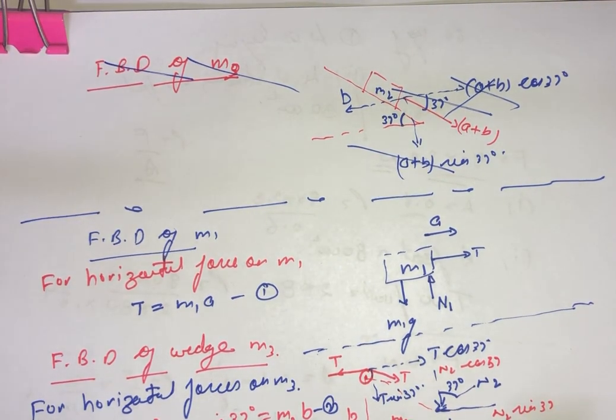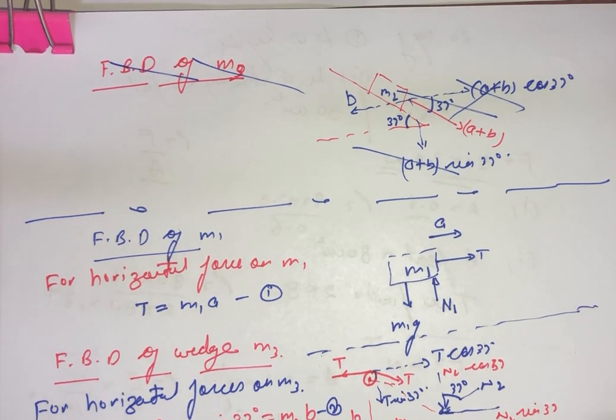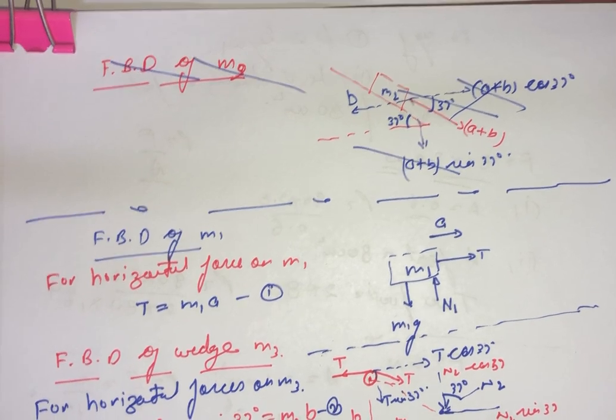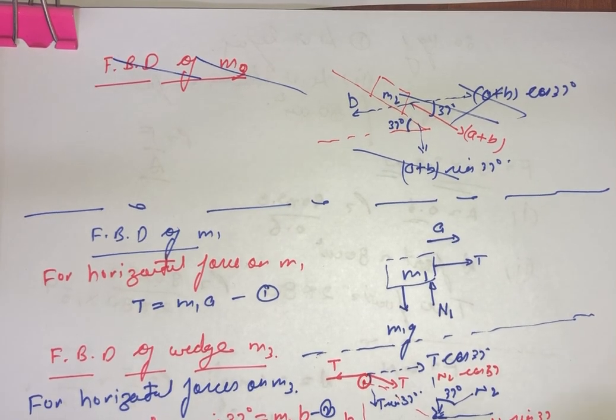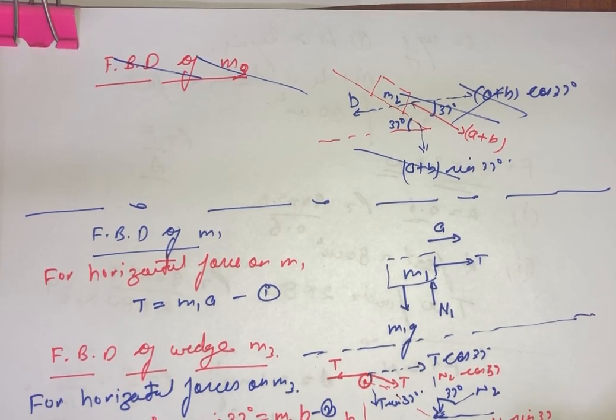Okay, it will be moving in this direction with the acceleration of a plus b. This acceleration can be divided horizontal as well as vertical. This angle will be 37. We get a plus b cos of 37, and this will be a plus b sine of 37.